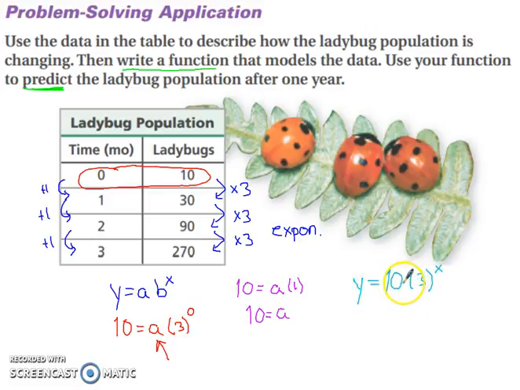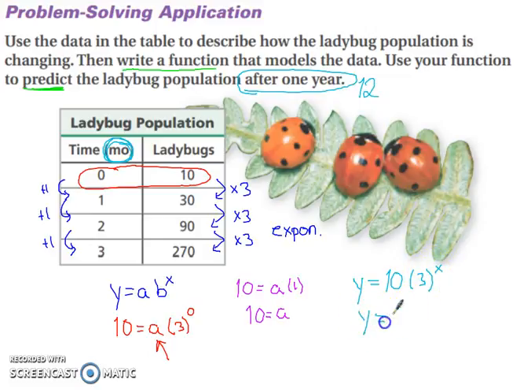The next piece it wanted us to do was to use our function to predict the ladybug population after 1 year. So we need to look at how our time is going. Our time is in months. So how many months are in 1 year? Well, that's 12. So our x value is going to be 12.